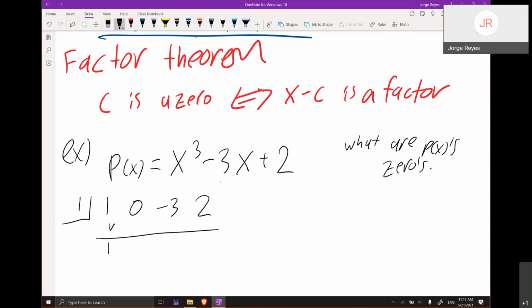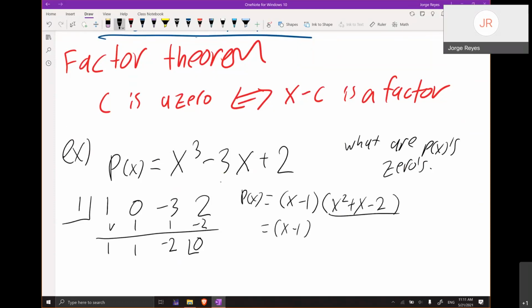So 1, 1, 1, 1, -2, -2, 0. So it works. And in fact, P of x now is equal to x minus 1 times x squared plus x minus 2. And as soon as you get here, you can solve this no matter what. You can slap that in the quadratic formula, or you can complete the square.